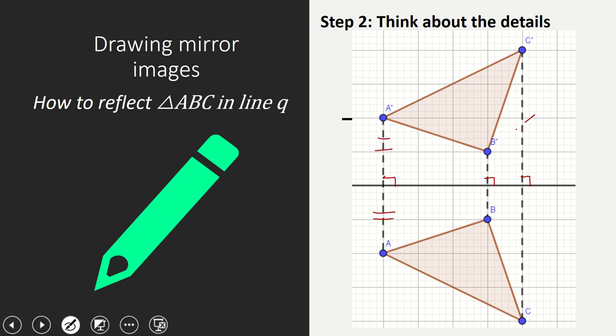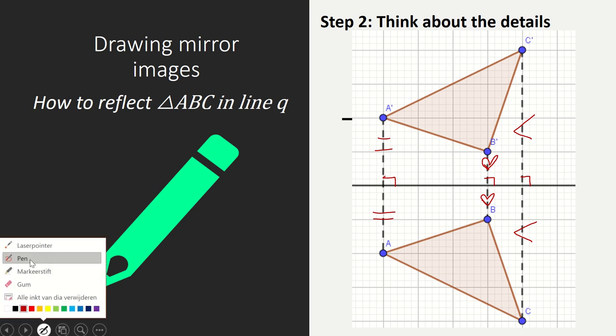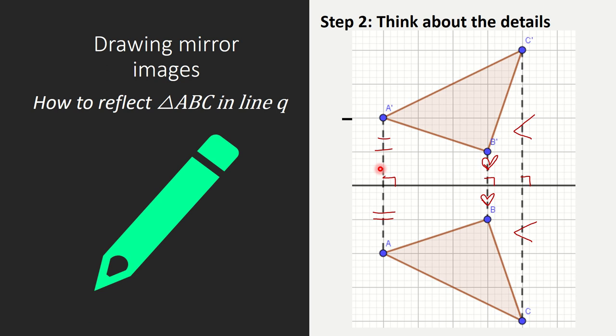And this line has exactly the same length as that one. And that's for those two as well. And remember to draw different symbols for each line, because you really need to learn that this is 2 and this is only 1. So that's why you really need to draw different symbols.